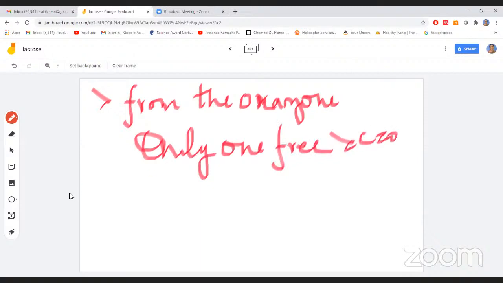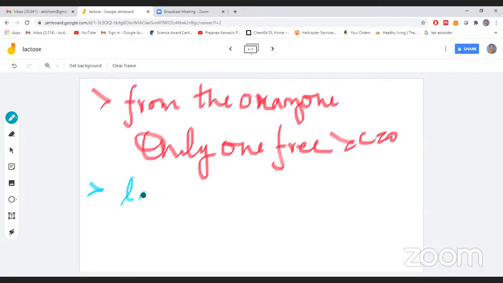So the structure should be more or less similar to that of maltose. We know that the monomers involved are glucose and galactose. Now we need to know whether the glucose is alpha or beta, and whether the galactose is alpha or beta. For that, we need to do the enzyme specific analysis.